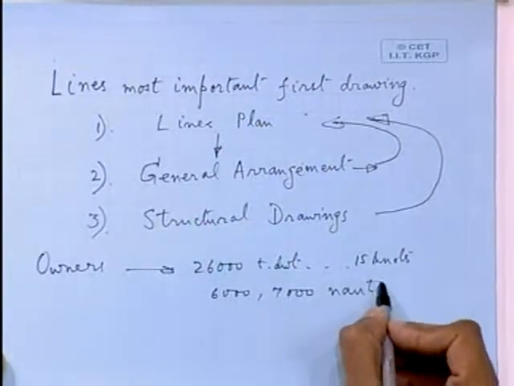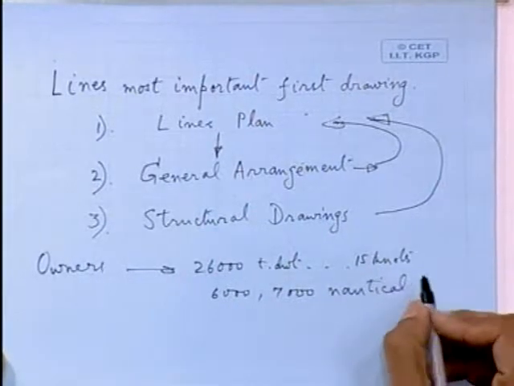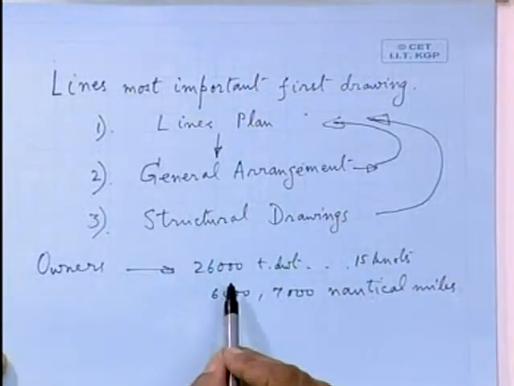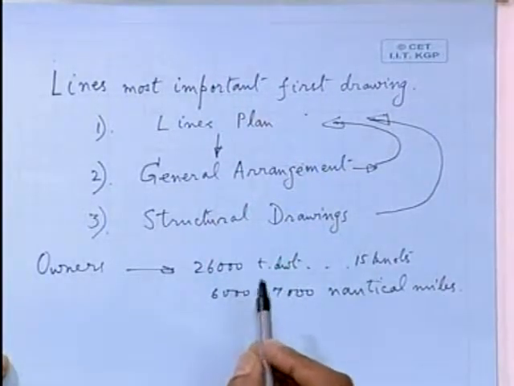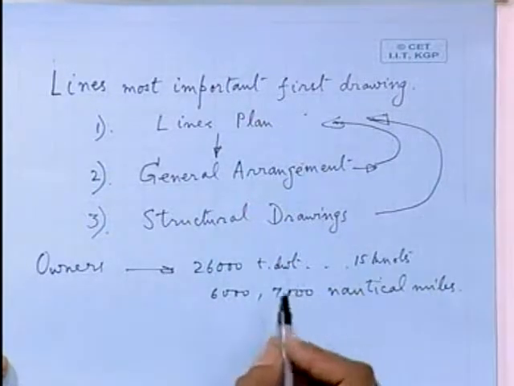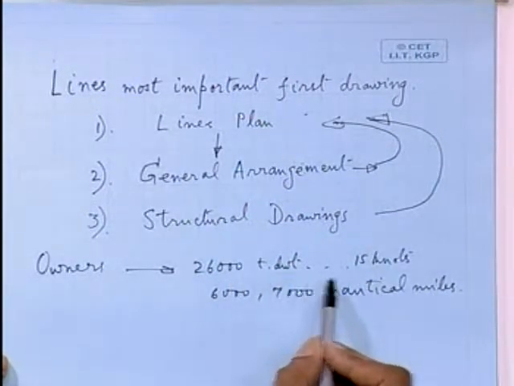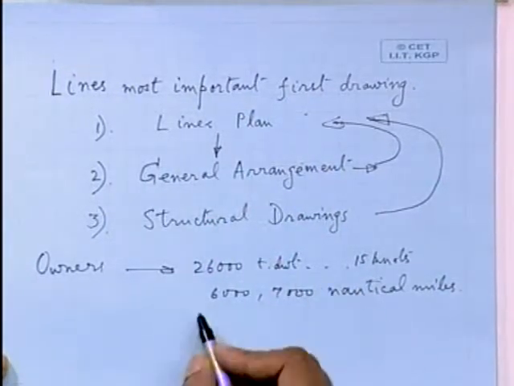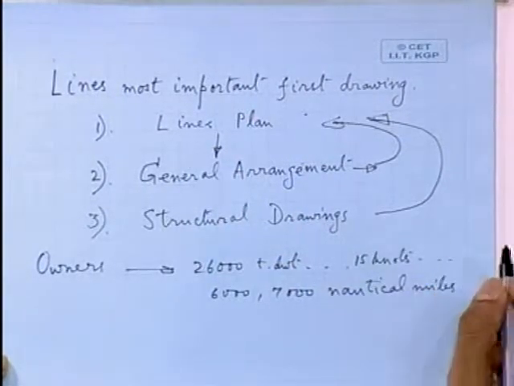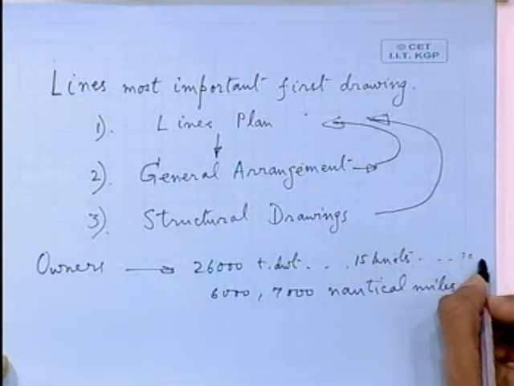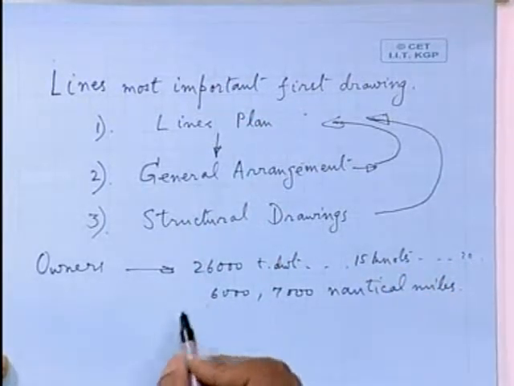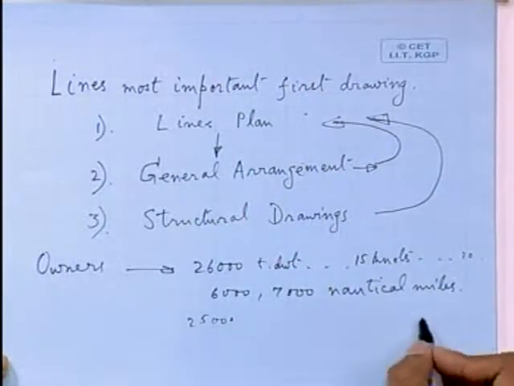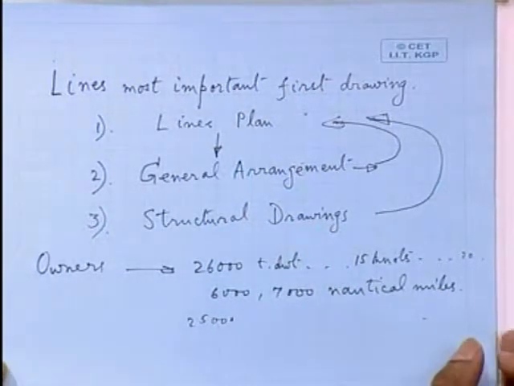Now, the ship designer actually gives a number of options, isn't it? This is as far as the owner's specification is concerned, but he can give a number of options. He says, okay, you are proposing 26,000 deadweight at 15 knots, and this will come at a certain price, say around 30 crores or 40 crores, whatever it is. And he says, why don't you build, say, 25,000 ton deadweight at more or less the same speed, which will cost you less, isn't it?